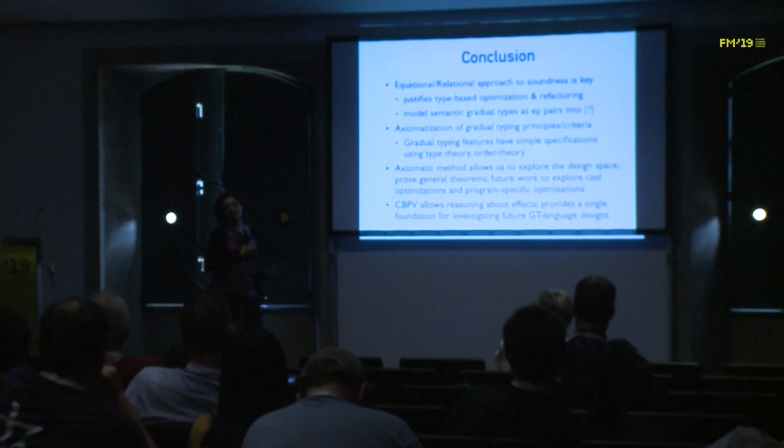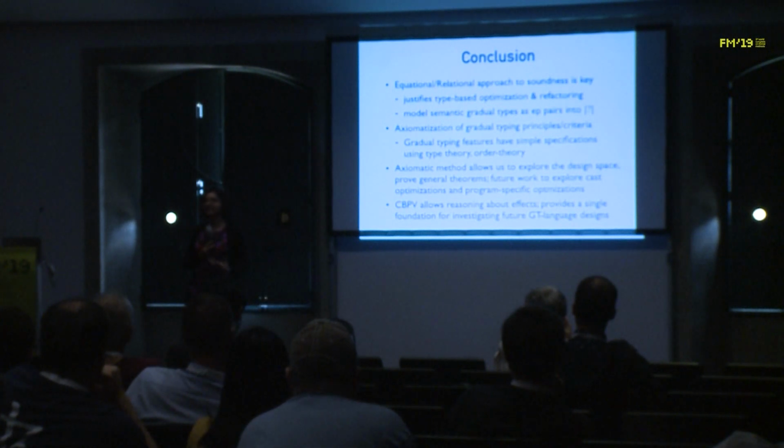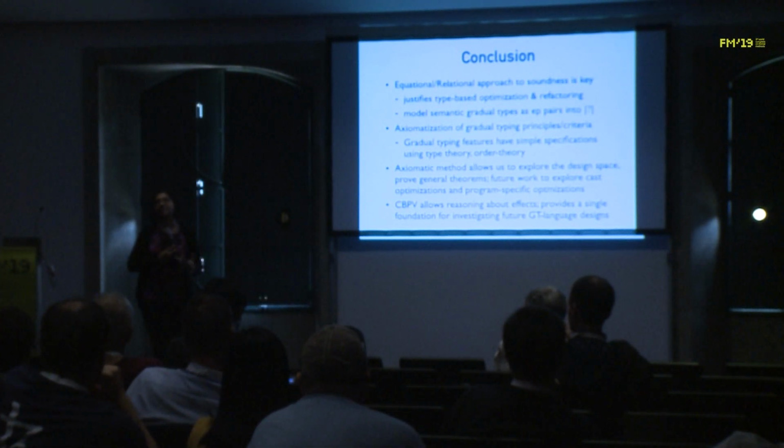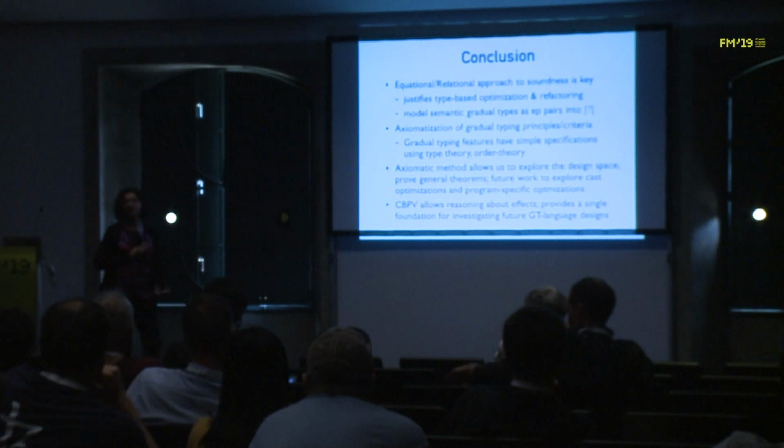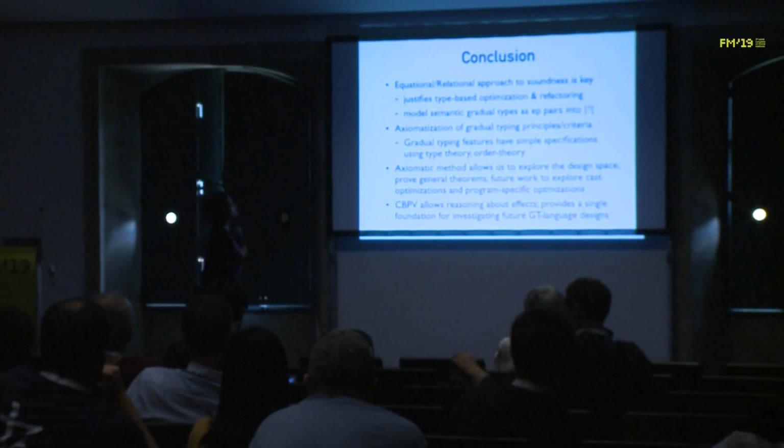Once you have that, you can build a lot of things on top of it. So you can axiomatize gradual typing principles using this very simple type theory. And then this axiomatic approach allows you to explore the design space. You can say which properties you want, which ones you don't want. You can drop certain axioms, and so on.